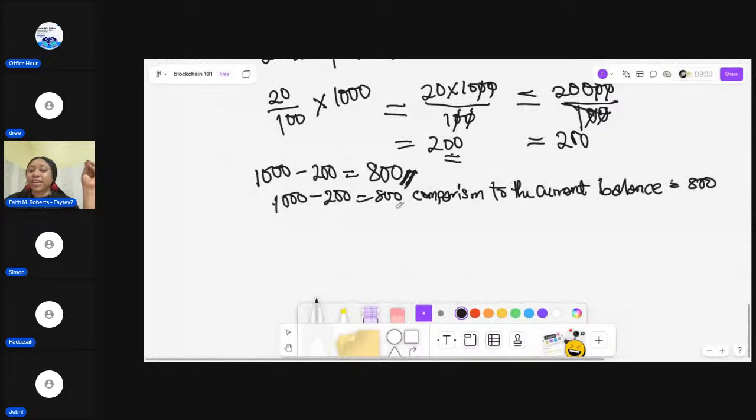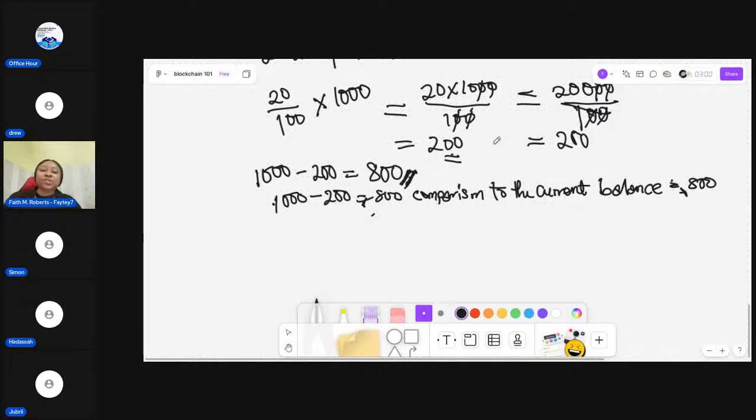So once you compare this 800 you got from here and this you got from here, and it equates to true that 800 is equal to 800, then your smart contract logic is correct. Unfortunately, we cannot solve for that because that is not the question. The question is to determine how many tokens were distributed.